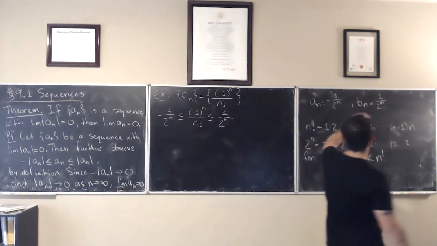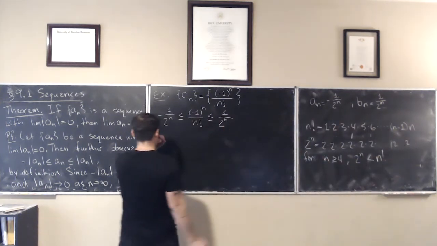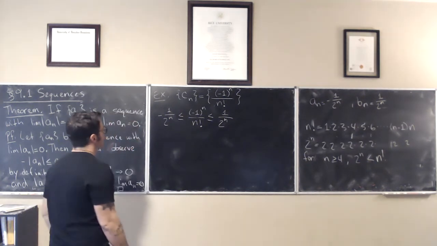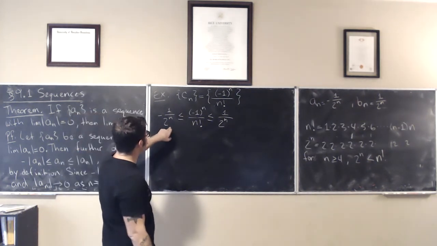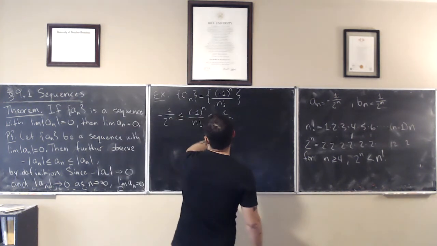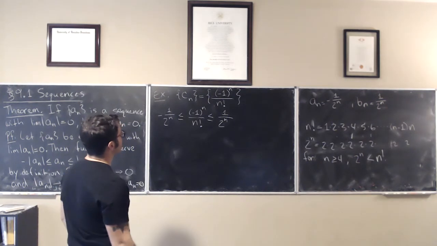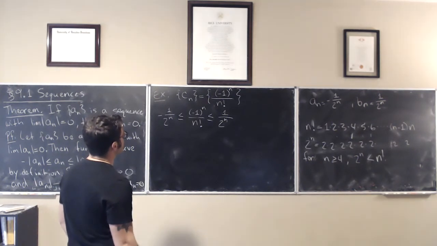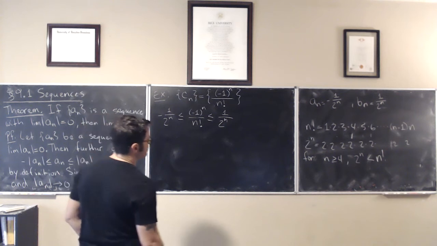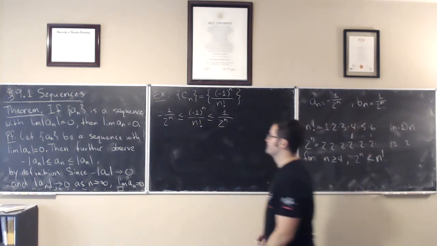So we have a_n and b_n on either side of this function. And we know that this goes to 0, that goes to 0, which means that that goes to 0 by the squeeze theorem. Because after n is equal to 4, it goes away.